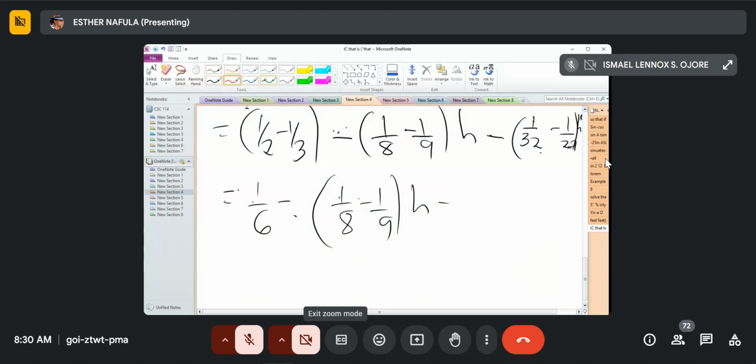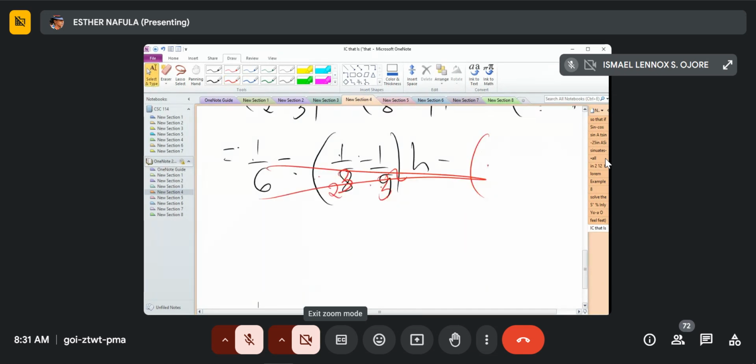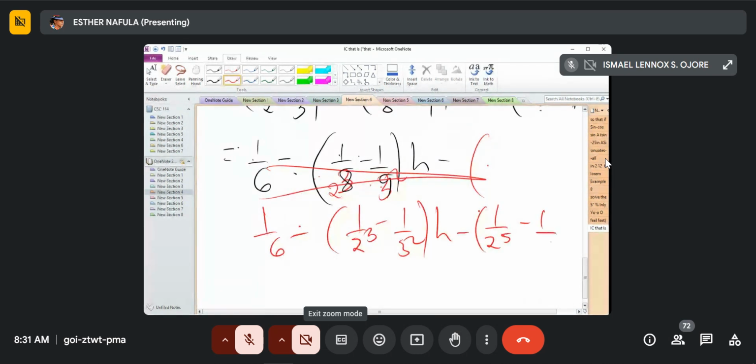The thing is, you need to substitute back your h. So if you say this is 2 power 3 and this is 3 squared, so 1 over 6 minus 1 over 2 cubed minus 1 over 3 squared times h minus 1 over 32 is 2 power 5 minus 1 over 3 cubed h squared.